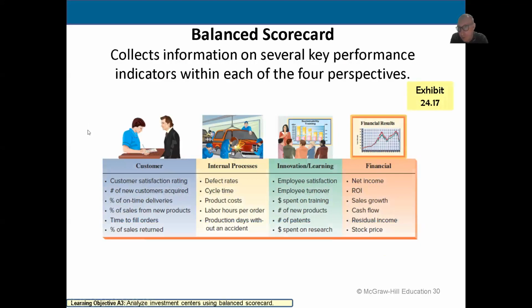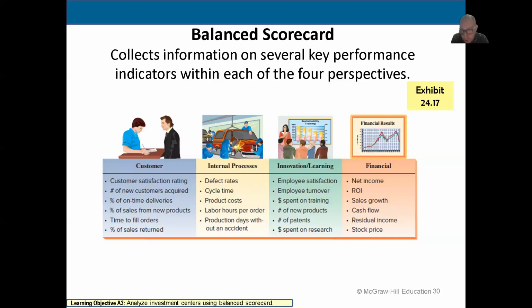One of the most commonly used approaches to identify the company's stability is called a balanced scorecard. The balanced scorecard takes costs and revenue, so financial and non-financial information, into consideration.